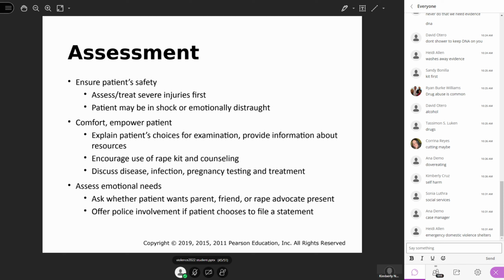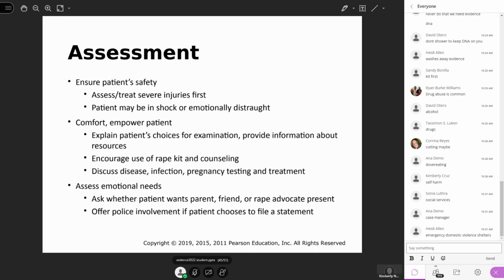We want to help them calm down a little bit, or we might see that they're not talking because they're in shock. We are going to make sure that they're comfortable, and explain to the patient that they have a choice for the examination. A lot of times people who have been raped don't want to be examined or seen. It's very uncomfortable for them.